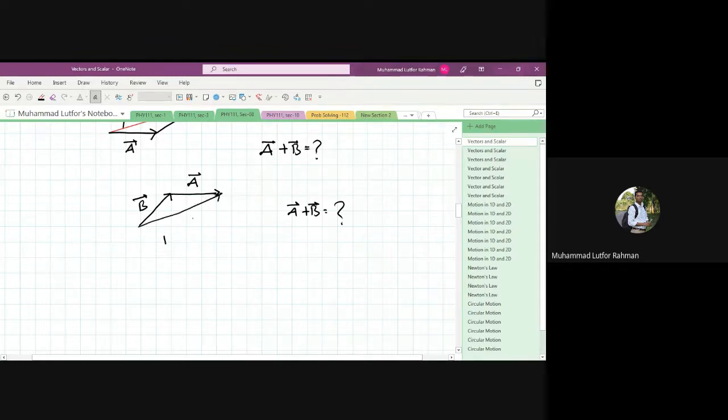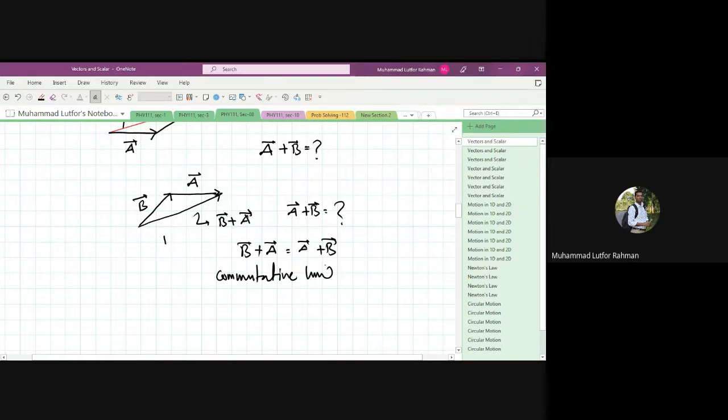I can say this would be B plus A. And remember, this B plus A would be equal to the same A plus B. It's known as the commutative law, which is actually the extended version of the vector triangle law.